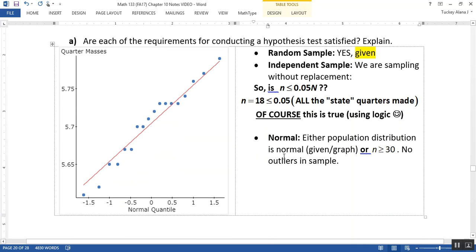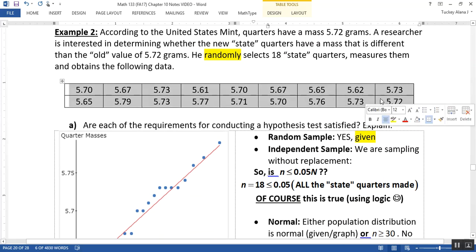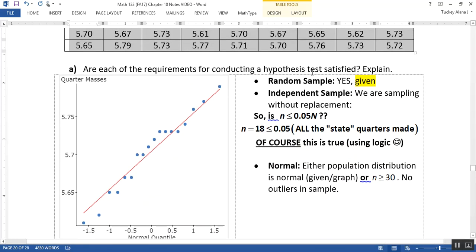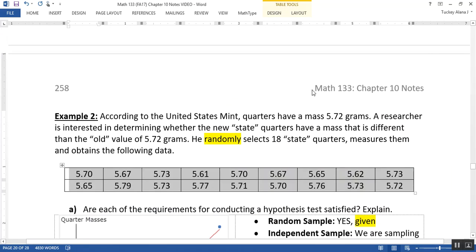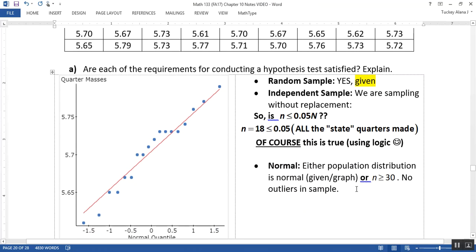All right, now whether the distribution is normal, well, that's a little bit trickier. So we would need n to be bigger than 30 or for it to be given to us in a graph. Well, obviously our sample size is not bigger than 30. We only have a sample size of 18. So we need to have it given to us either written in the instructions somewhere or using the graph.